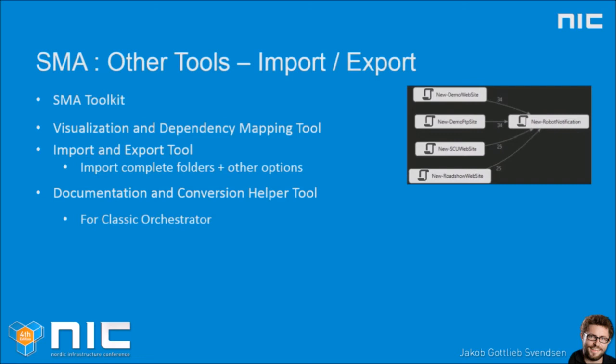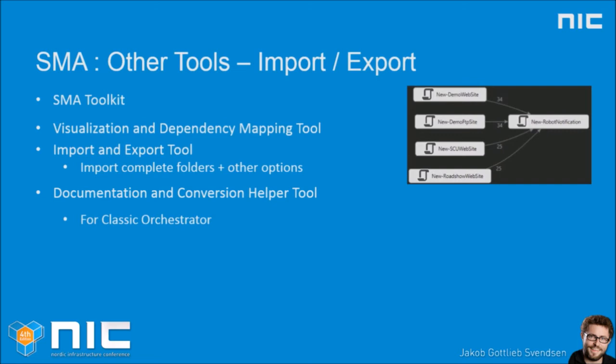Of course, in classic Orchestrator, the graphical interface still has a lot of useful tasks, but some organizations want to completely switch to SMA. For instance, a friend I have, they had a lot of runbooks in Orchestrator, and they actually hired a PowerShell guy. He was not an Orchestrator guy or SMA guy. He was just good at PowerShell, and he sat there for 3 months and he rewrote, I think it was 500 runbooks or something like that.